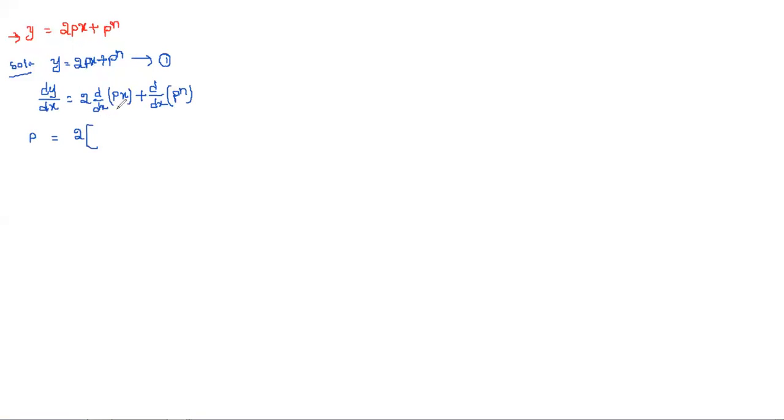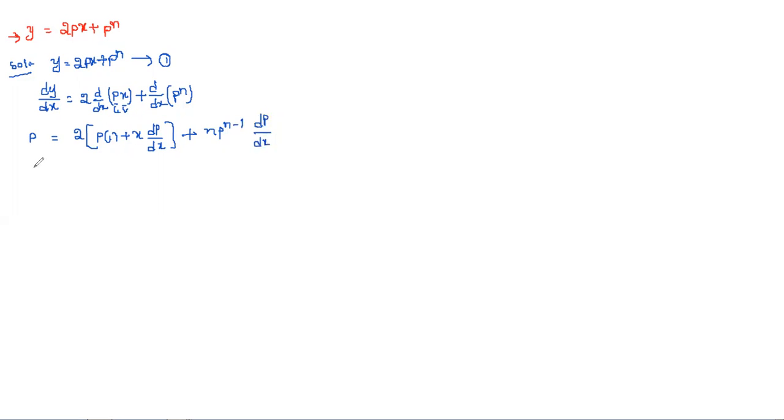d by dx of px. You can apply the product rule, right? Here you can choose u and this is v. So p into the derivative of x, which is 1, plus x into the derivative of p, which is dp by dx, plus d by dx of p power n, which is n into p power n minus 1 into the derivative of p, which is dp by dx.